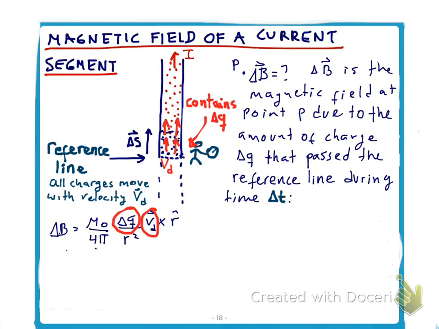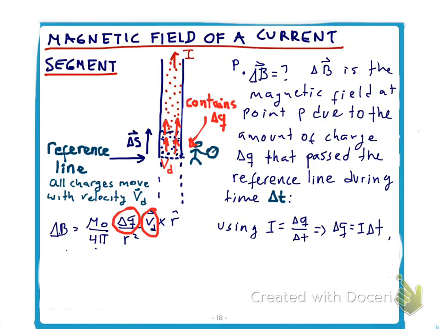Okay, so in this equation now we can also make use of the fact that, as we said before, delta Q is the total amount of charge that was able to pass through a reference line in a certain amount of time delta T. So using the definition of current, current is the amount of charge in a certain amount of time, amount of charge divided by time.